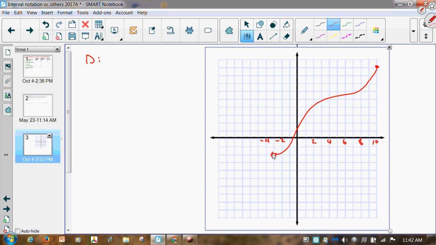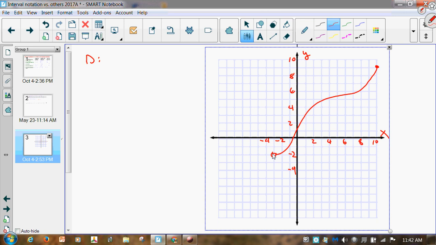And then we'll do the same thing here: 2, 4, 6, 8, 10. Okay, and -2 here and -4. Okay, so what about the x values? Remember, this is our x-axis, this is our y-axis, and so the x-axis goes from -3, between 2 and 4 here, -3 to +10.